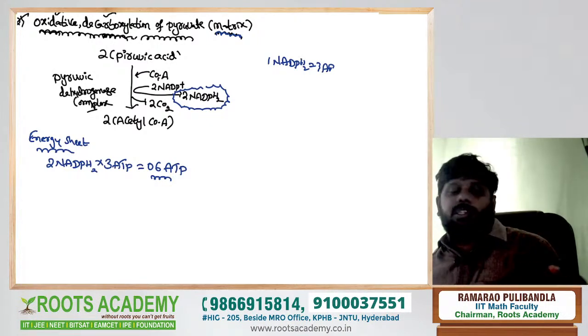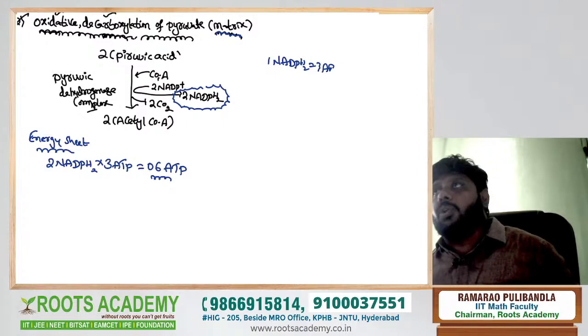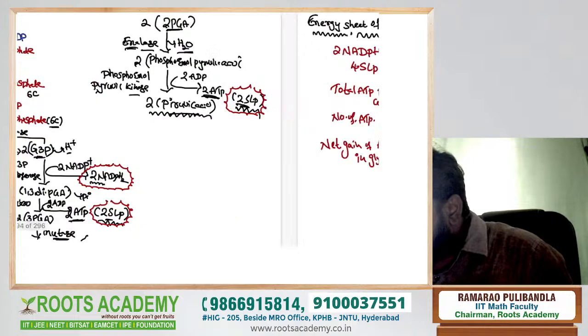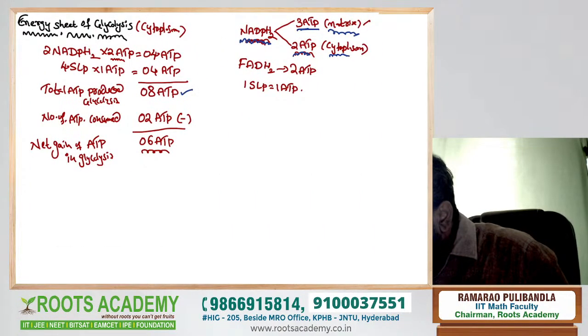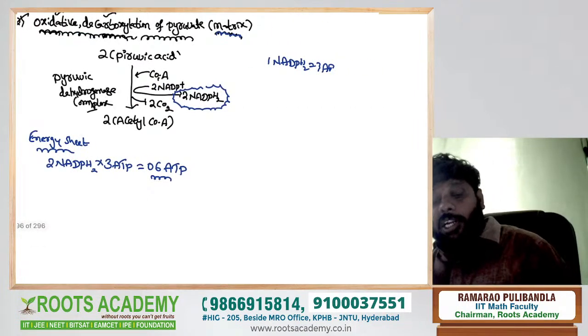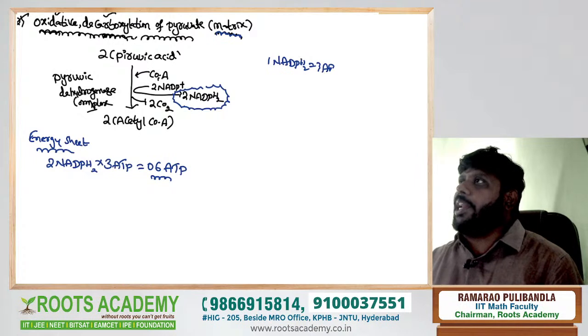Any ATP consumed in oxidative decarboxylation of pyruvate? No. But in glycolysis, total produced 8, 2 consumed, net gain 6. In oxidative decarboxylation of pyruvate, there is no consumption of ATP.